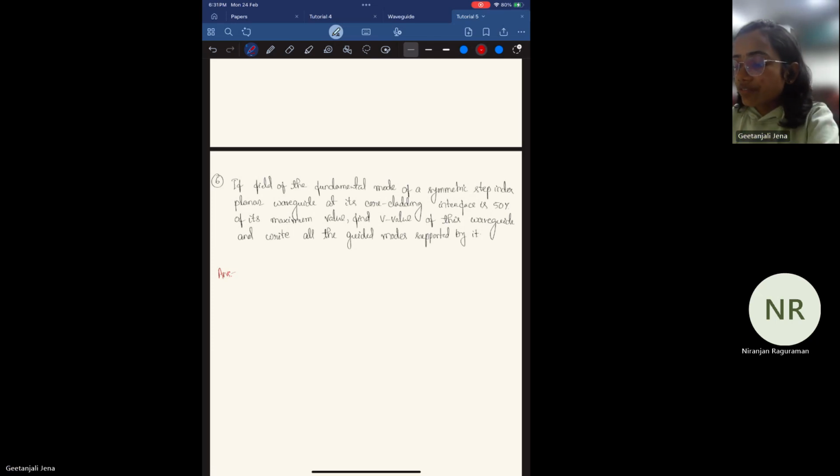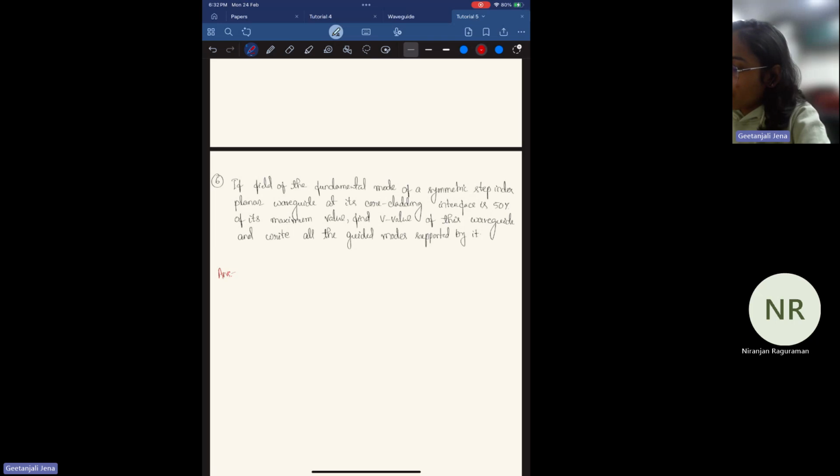It says the fundamental mode of a symmetric step index planar waveguide at its core cladding interface is 50% of its maximum value. Then find the V parameter of this waveguide and write all the guided modes supported by it.